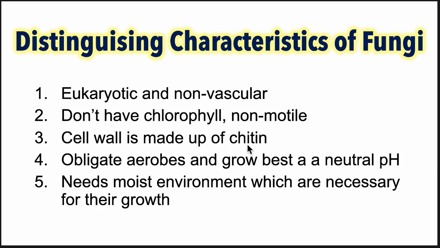Fungi grow best at a neutral pH. And lastly, they need a moist environment, which is necessary for their growth. Take note, fungi contain spores. Those spores can withstand even dry environments, and fungi reproduce by means of their spores.